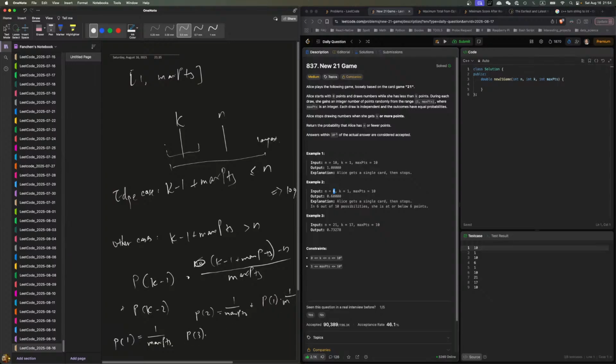Now P3 will be, you do it by itself, or you do it from P2, or you do it from P1, P2, and then you roll a 1, and then P1 you roll a 1, right?